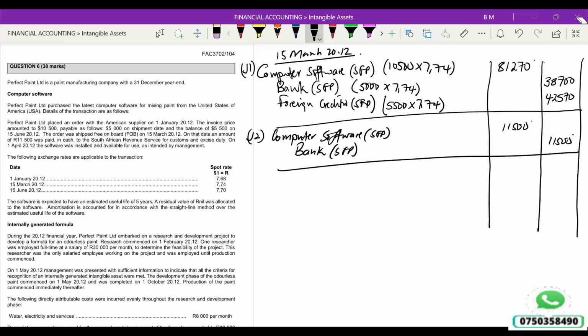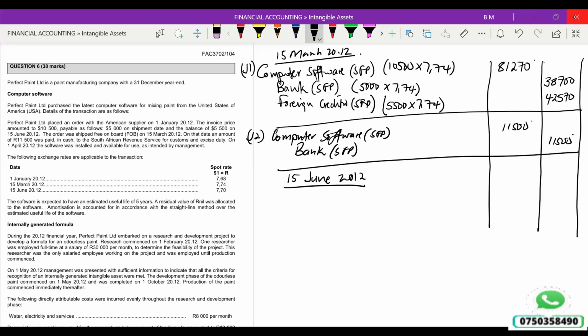So what do we do first? We measure the asset on the free on board date. We measure the liability on the free on board date. That's number one. Then number two, I go to 15 June 2012 and say that since I did not pay on 15 March 2012, I withheld the payment for 3 months, March, April, May, June.